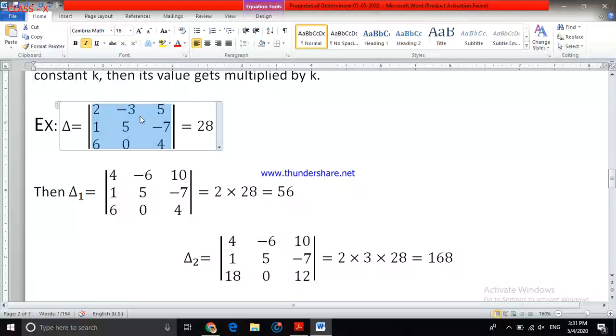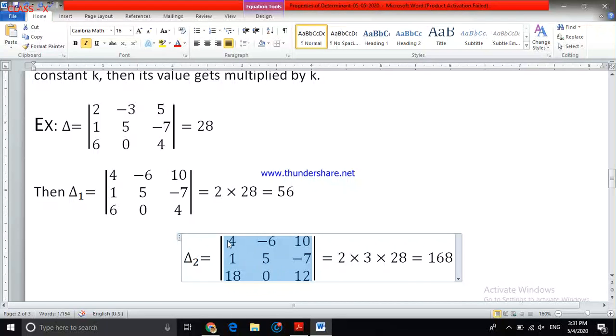Here I think I cannot take anything common, but if I go here, 2 I can take common from the first row, so 2 will come outside. In the second row, 3 I can take common, so you can bring 3 also. I think you can take 6 also common.